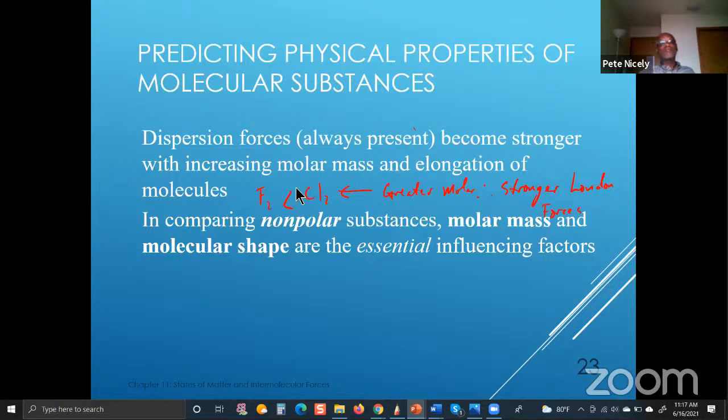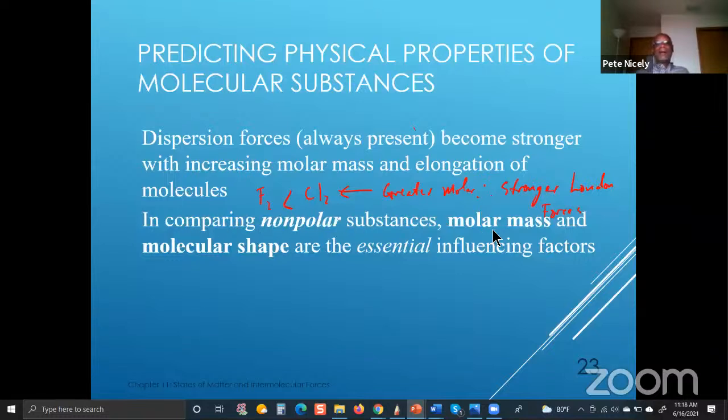Also, in terms of the elongation of the molecules, as we said before, if you have branching in the molecules, and we're talking here about alkanes, organic hydrocarbons, and so on, what you'll find is that the more branching you have, the lower the boiling point. That's because the molecules can be closely packed on top of each other, as in the case of single chain or non-branched molecules.